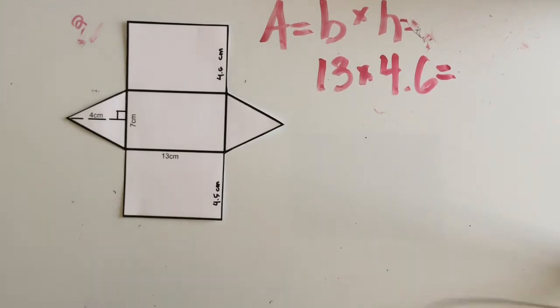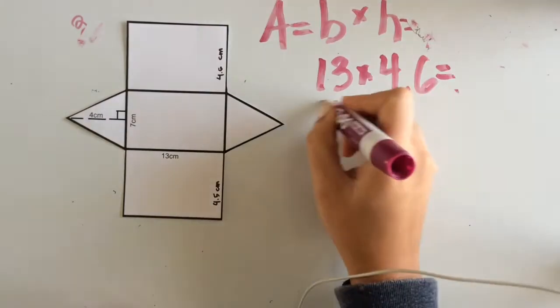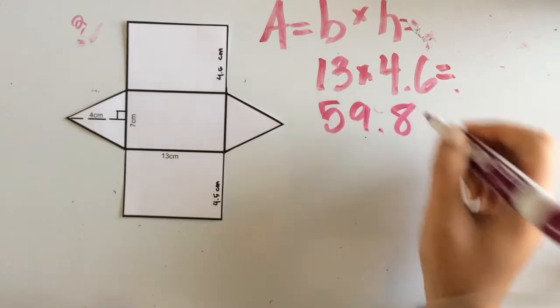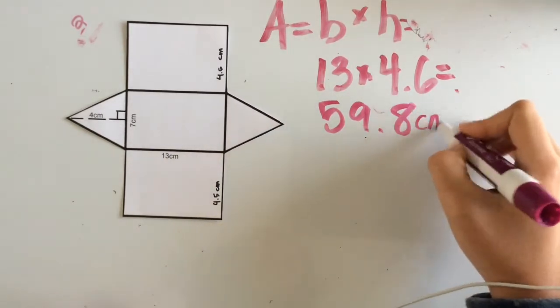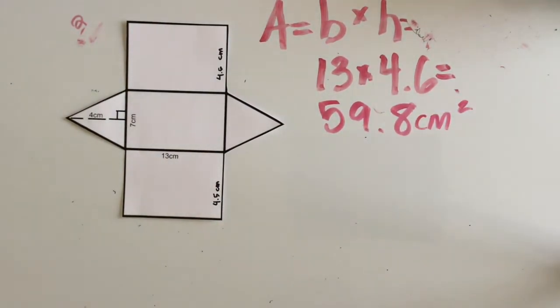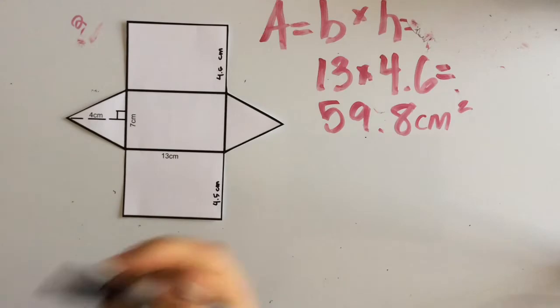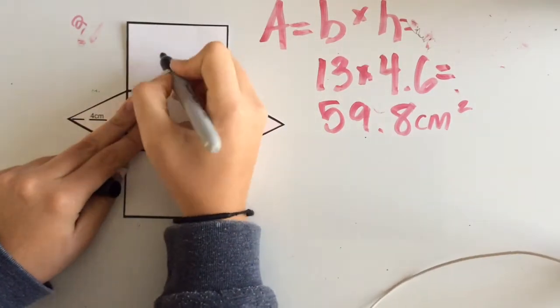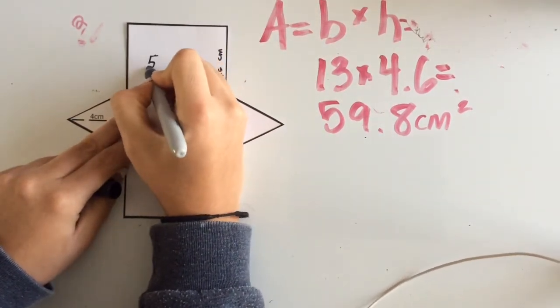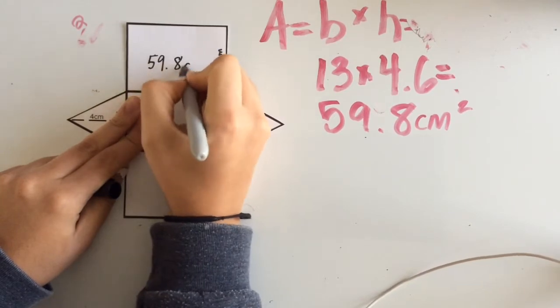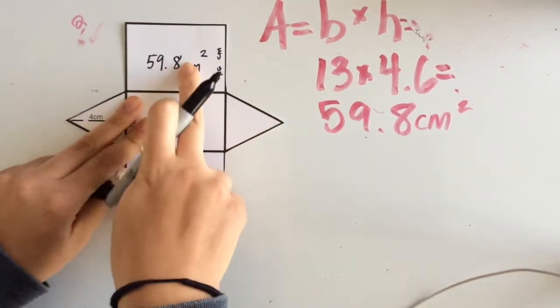If I multiply the two, all right, so I have the area of that part of that rectangle. I'm just going to label it because I'm going to be erasing things. So this is 59.8 centimeters squared. That's the area of this rectangle.